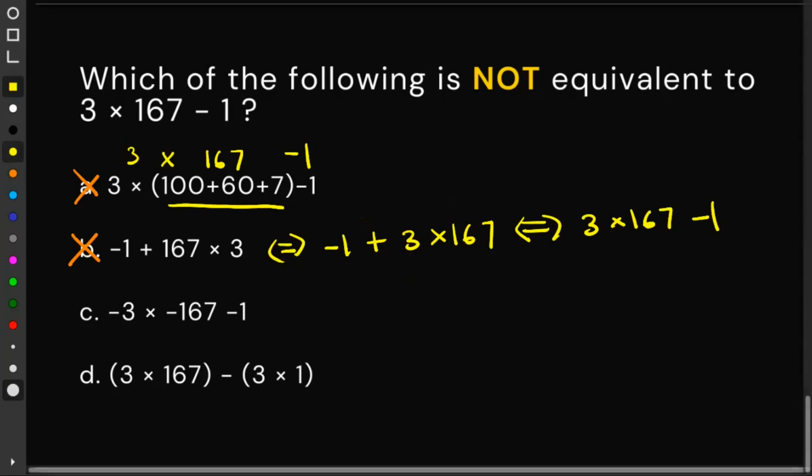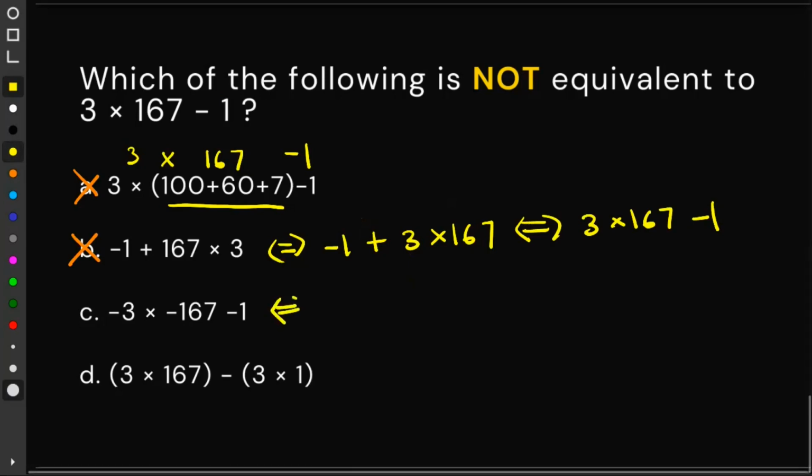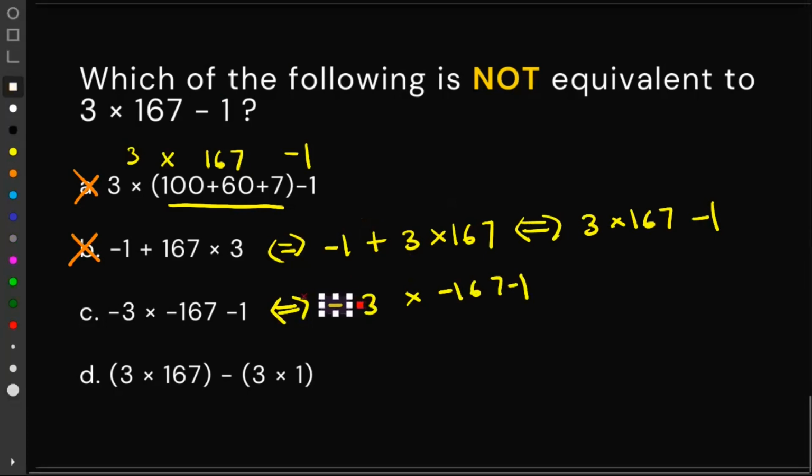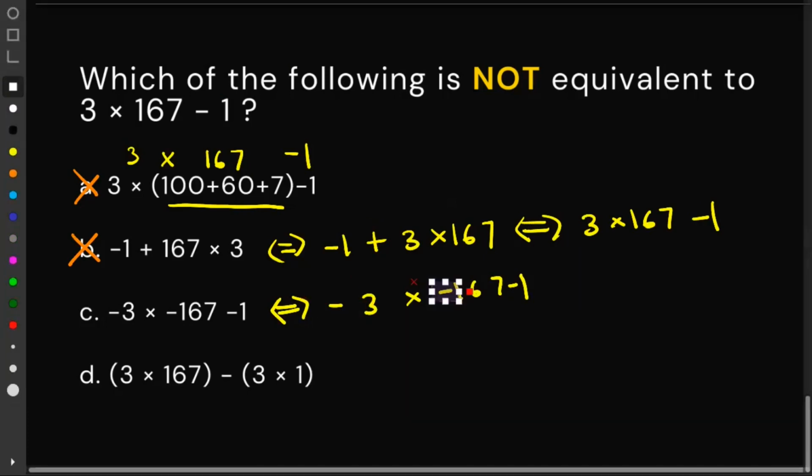How about this one? Note that -3 times -167 minus 1. Here, note that in this one, we could actually factor out this negative symbol out here.